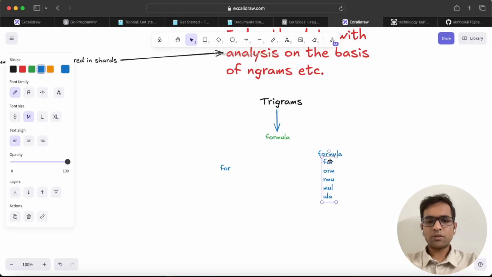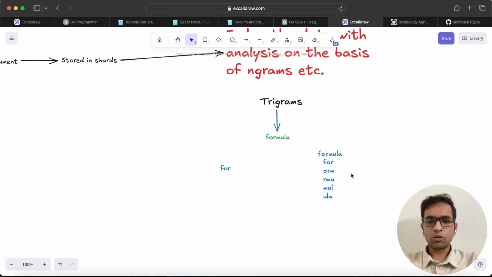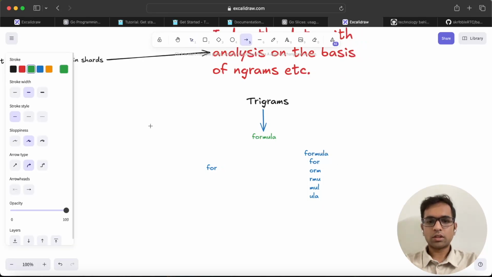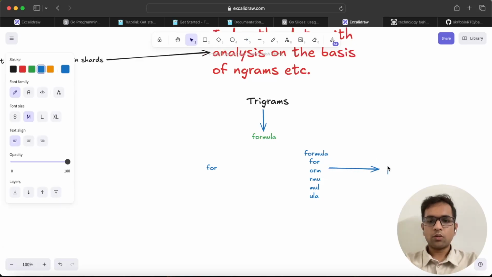FOR is something very commonly used in code, and then you might have some other trigram like MUL, which is also used in a repository or in a file. So what it will do is give out the document IDs of all the repositories which contain FOR and MUL as well.